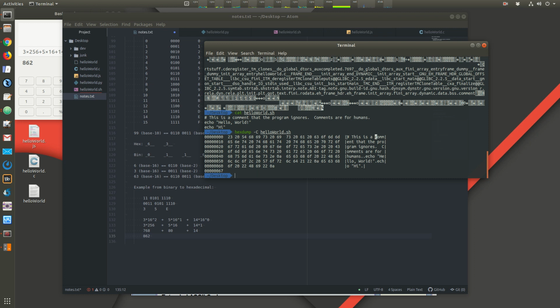So the 13th number here should be 63. Sure enough, right here, that is the character C. Now it's an 8-bit number, even though the ASCII character set only takes 7 bits.